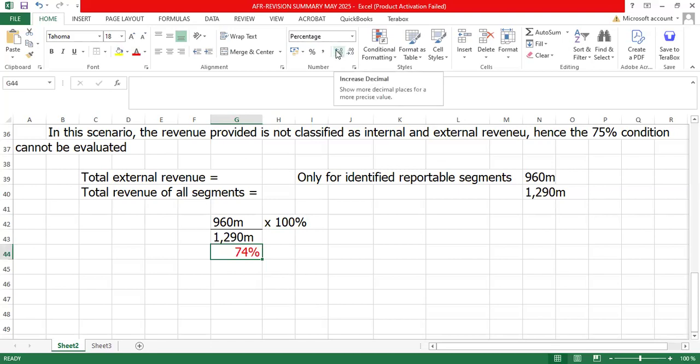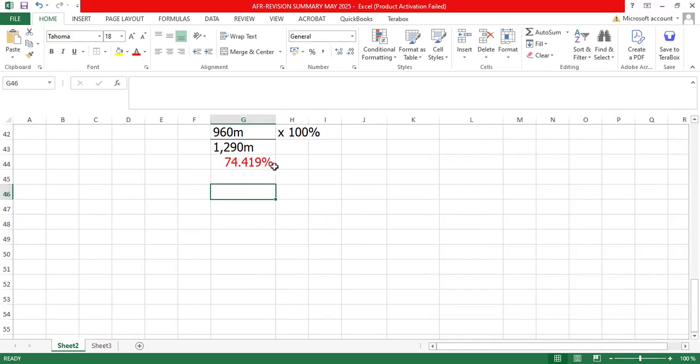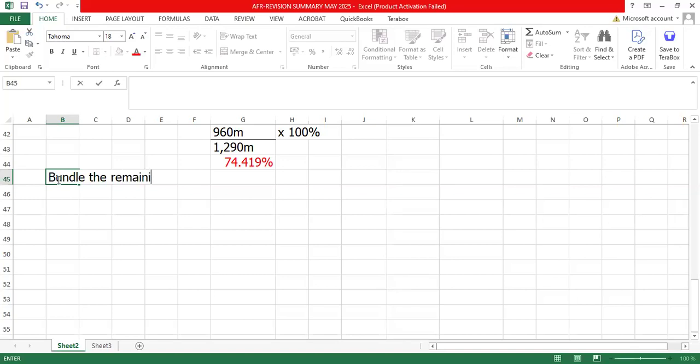Try to avoid rounding off. So the question is, is this above 75%? No. Now, if you realize that this percentage is not above 75%, then the other segments that you said are not reportable segments, you are going to aggregate, bundle the remaining segments.